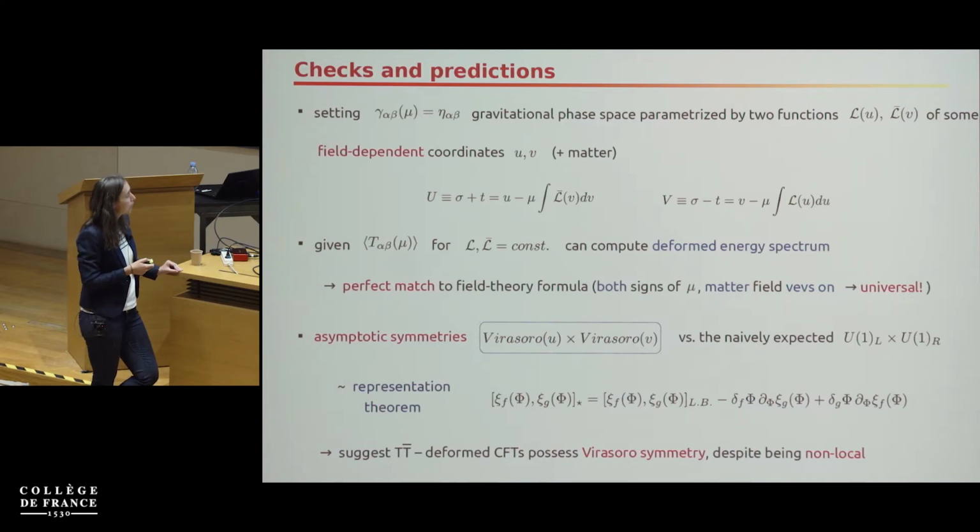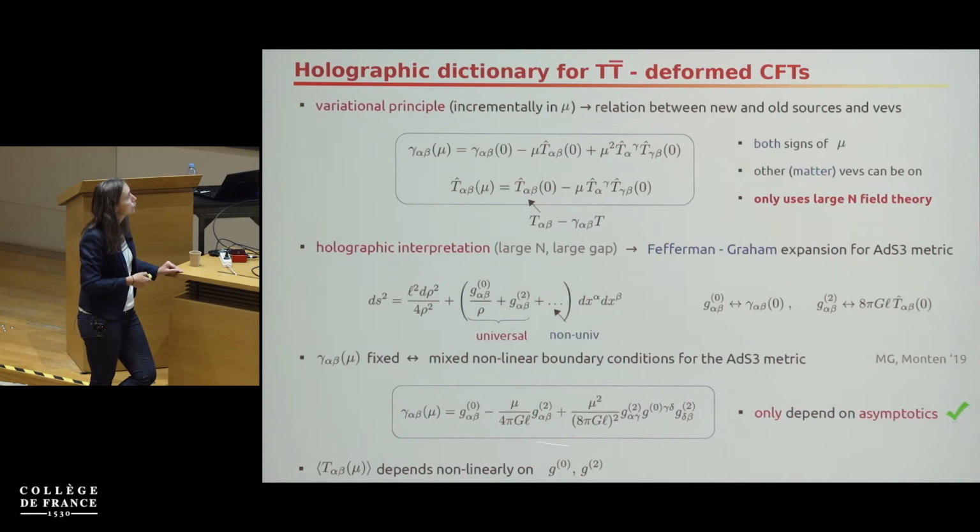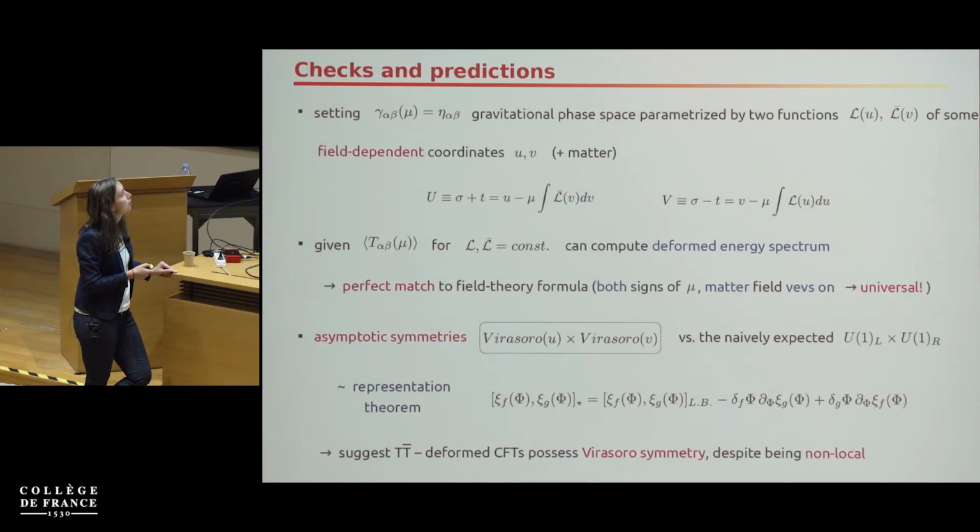Now you can play with it. Of course, when I was discussing the field theory analysis, I always had my TT bar deformed theory on a flat Minkowski background. So what we want to do is set the metric of the deformed theory to be just the Minkowski metric, and then solve for the most general perturbations g0 and g2 that satisfy these boundary conditions.